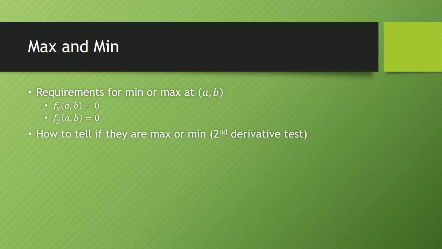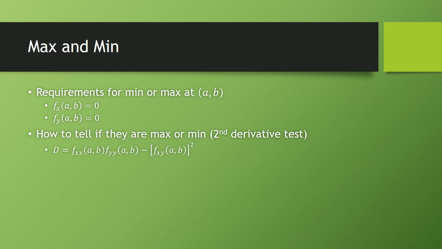So, here we have the second derivative test. We had one back in Calc 1. Well, all you had to do was take the second derivative and see if it was positive, negative, or 0. And that told you if it was a maximum, minimum, or point of inflection. Unfortunately, you don't have just one second derivative. You have 4 of them. So that's going to be a little bit more difficult.